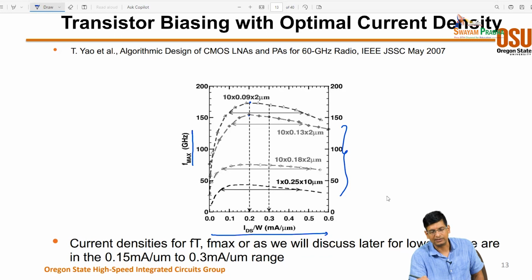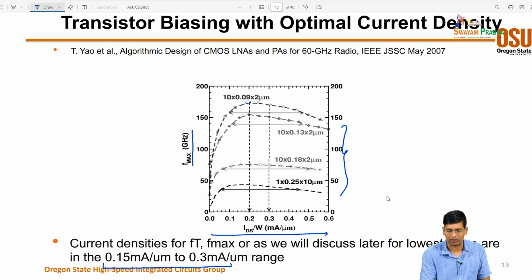In CMOS, if you bias your transistor in the 0.15 milliamp to 0.3 milliamp per micron range, you are biasing your device at the optimum Fmax.